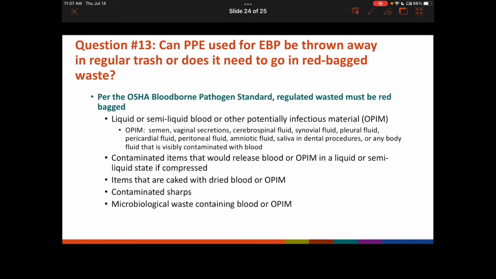Can PPE used for EBP be thrown away in regular trash, or does it need to go in red bagged waste?